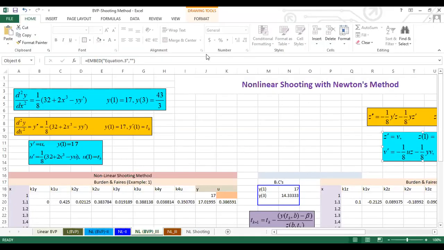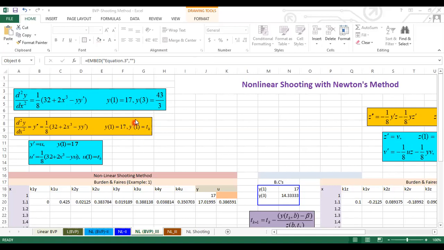So here we have a problem. d2y dx squared equal to 1 over 8 times (32 plus 2x cubed minus y times y prime). The final term makes the problem nonlinear. We have the boundary conditions y of 1 equal to 17 and y of 3 equal to 43 by 3.